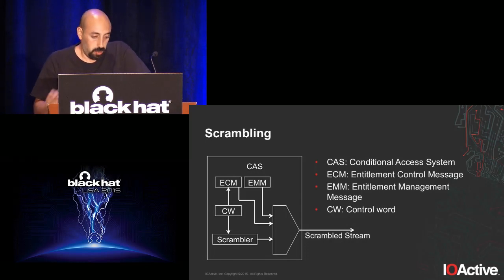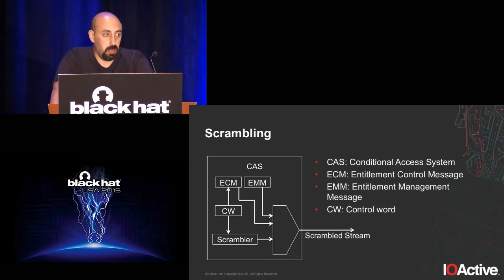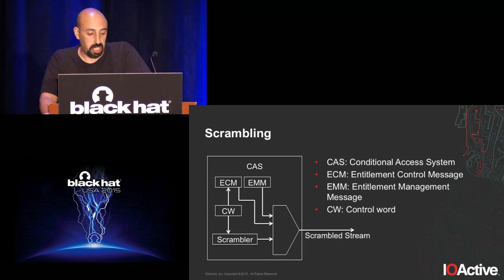On the back end, the scrambling is based on a CW, called a control word, that is generated and used to scramble the TV signal. This control word is then encrypted with a provider-specific key within one of the two entitlement messages. The first one is called ECM.